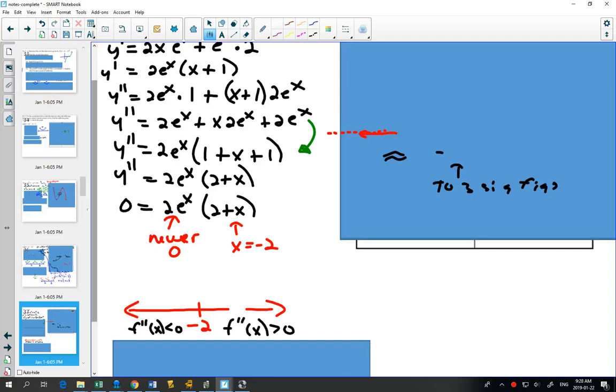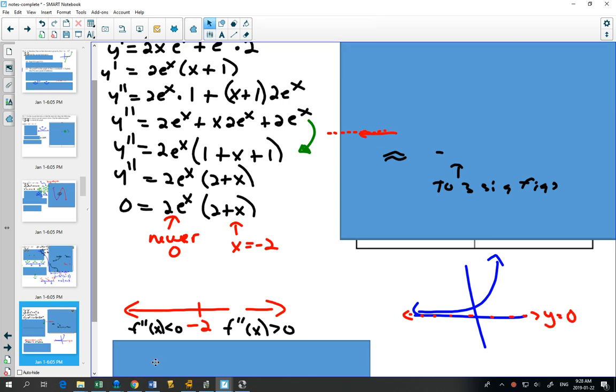2e to the x, you have to think back to grade 12 and say, I know what my e to the x graph looks like. My e to the x graph is an increasing function with an asymptote at y equals 0. Is my e to the x graph ever equal to 0? No, because there's an asymptote.